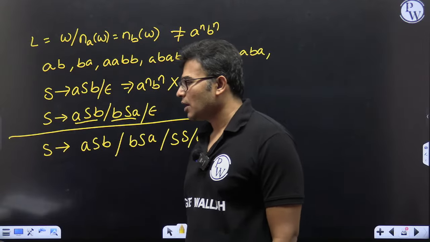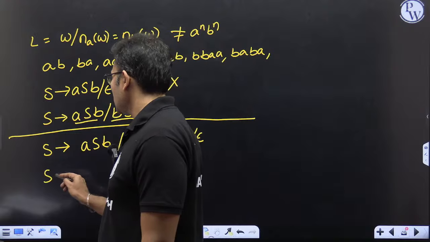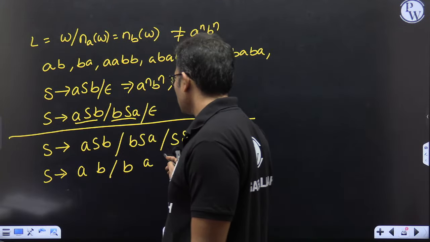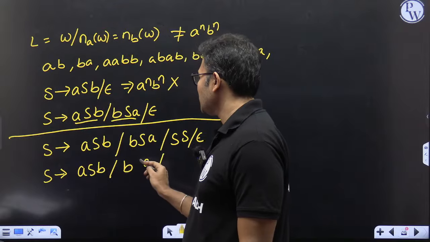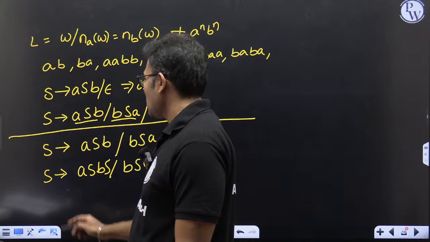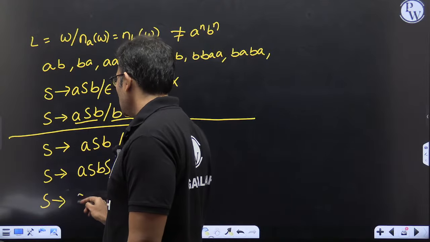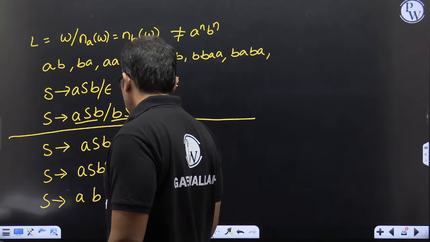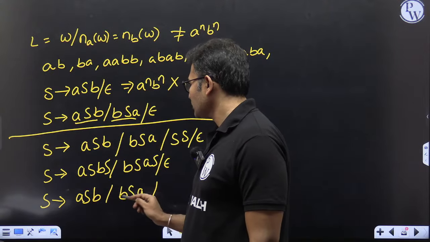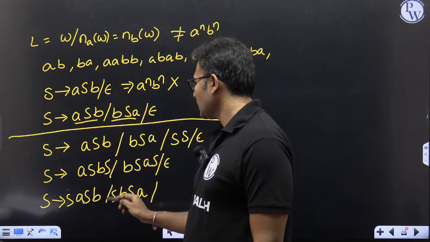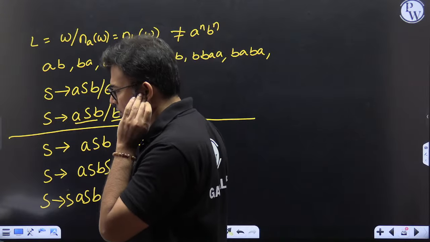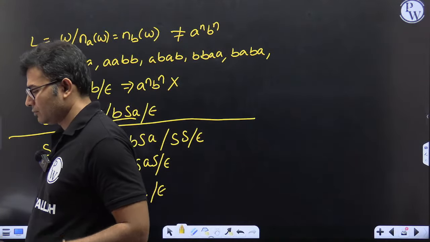Otherwise, take the smallest strings A B, B A, put S in between and then put S afterwards, and epsilon. Or you take A B, B A, put S in between and S in the beginning, and epsilon. This is the shortcut, right?